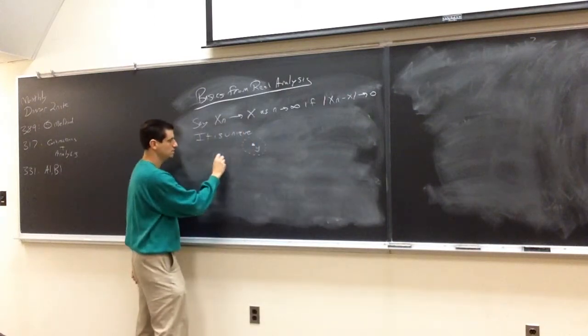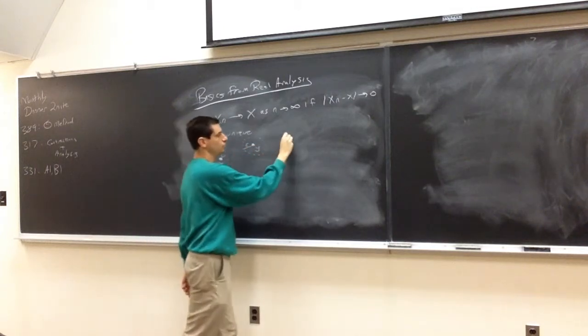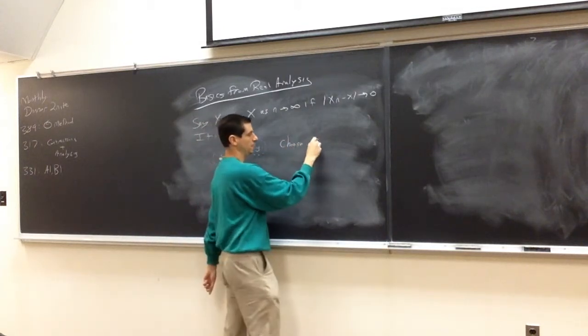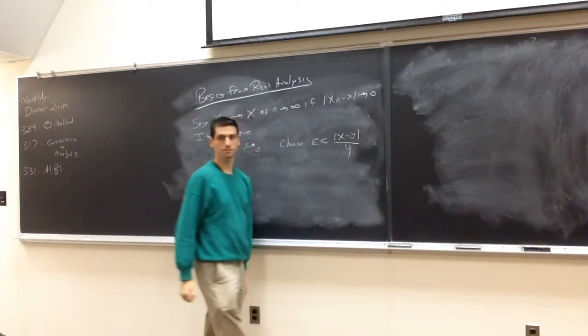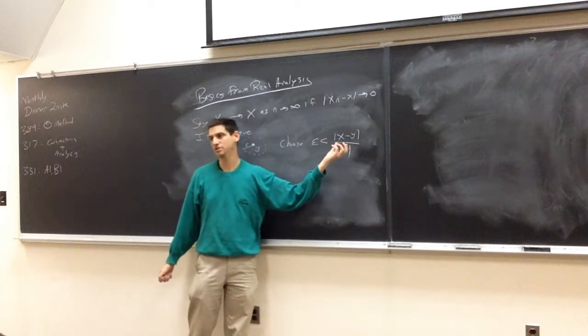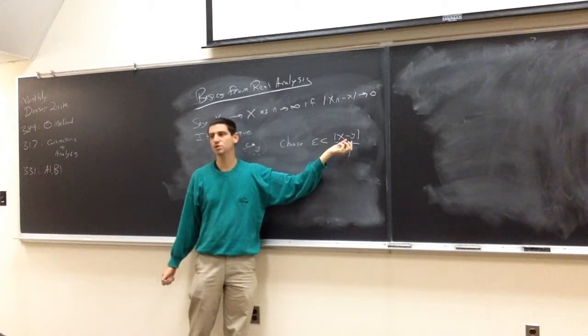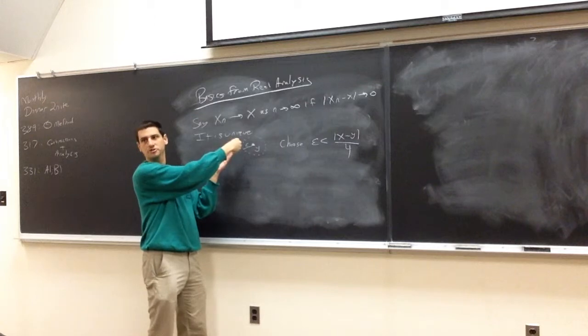I could draw an epsilon ball over here and an epsilon ball over here. And I can choose epsilon to be less than the distance from x to y over 4. That's not the smallest thing I need to do. If I did strictly less than the distance over 2, I would probably be fine. The balls would just barely touch.